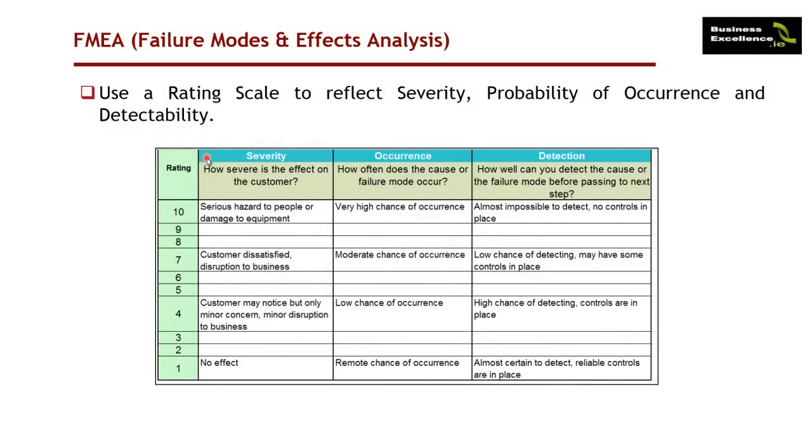So as we said previously, severity, occurrence, and detection are the 3 areas we're going to focus on, and we rate each one of these on a scale of 1 to 10. 1 being no effect, remote chance of it happening, and almost certain to detect beforehand, to 10 being very serious to people or to equipment, very high chance of it happening, or almost impossible to detect or no control in place.